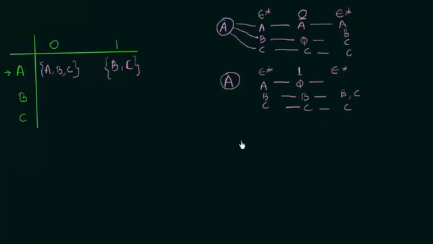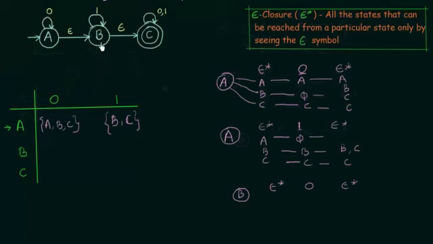Now let's do the same for state B. For input 0, we have to check epsilon closure, 0 and epsilon closure. So B's epsilon closure will be B and C. And where does B go on getting input 0?